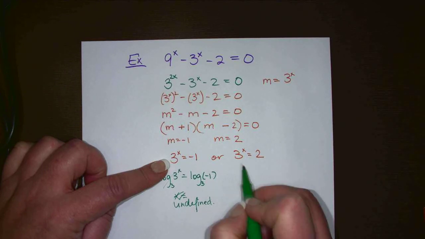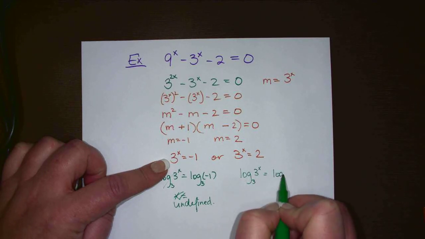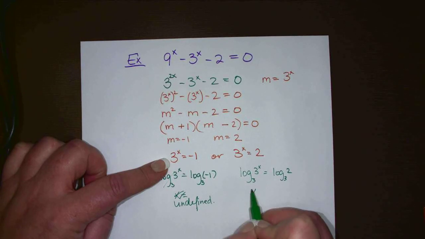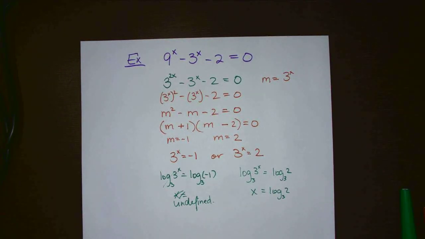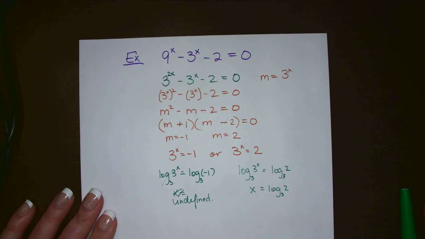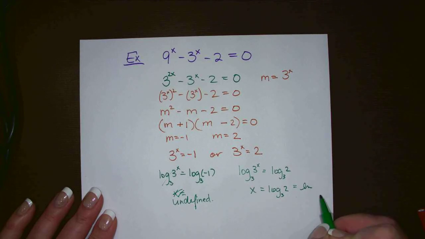Here, log base 3 of 3 to the x equals log base 3 of 2. So x equals log base 3 of 2, although that doesn't work out nice, because 2 is not a power of 3. That's the answer. Now, do you remember, if we were going to plug it into a calculator and needed an exact answer, how do you do that? Ln buttons on a calculator. What is it?